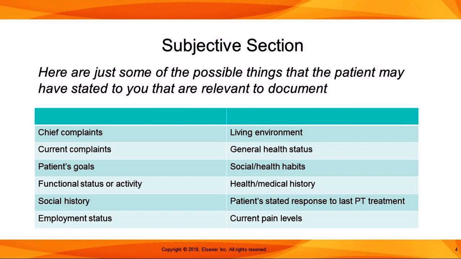It's how they reacted. And a lot of times in the previous note, in my plan, I might have written, assess patient's reaction to today's treatment as my plan. And so that's really good relevant information, subjective. And then their current pain levels. There's a lot of focus these days on assessing people's pain levels.